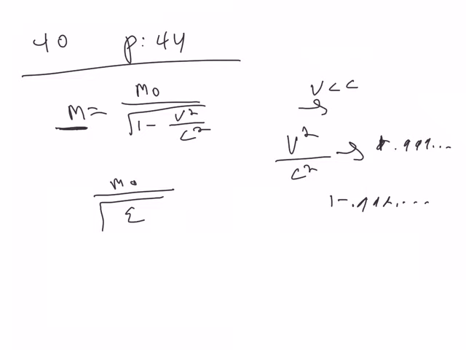So again, epsilon is going to be positive because the 1 is positive, and we're saying minus another number really close to 1, but a little less than 1. And so this whole thing is going to be infinity.